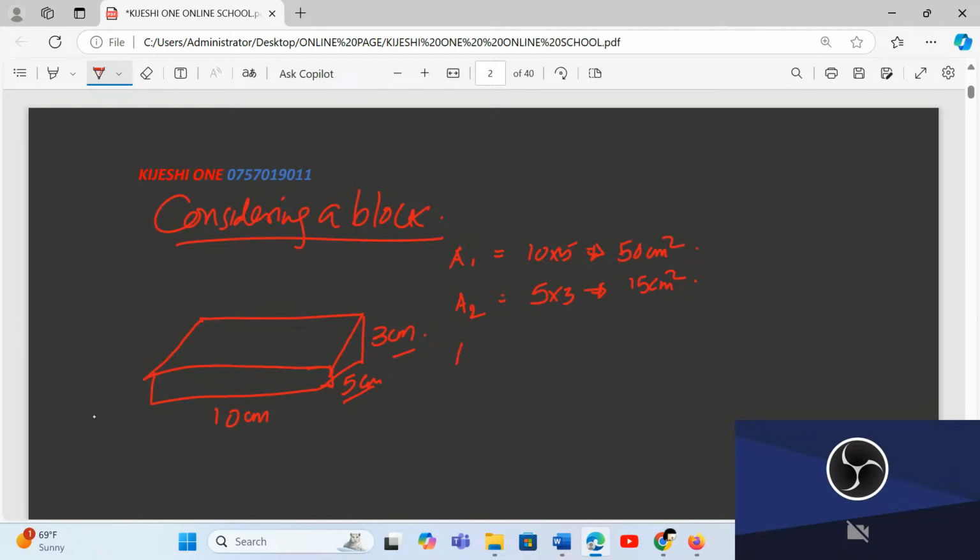Then the last area, area 3, when we pick 10 and 3, is 10 times 3, which leads to 30 square centimeters.